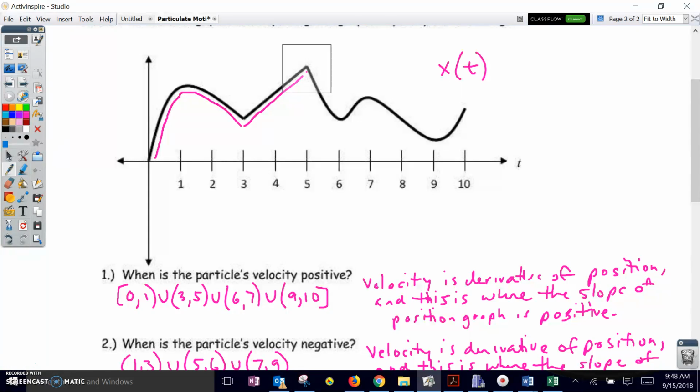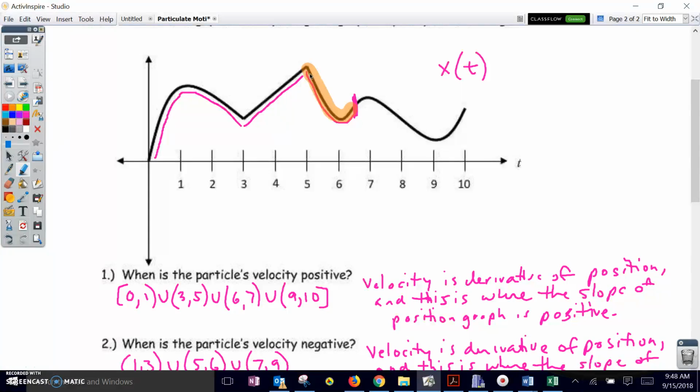On this interval, the slope goes from being a large negative value to a smaller negative value to a zero value to a positive value, and then right around here the slope starts to decrease again. And so that time interval right there is going to be one where the acceleration is positive.